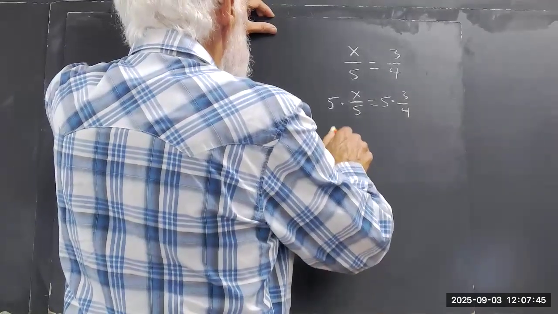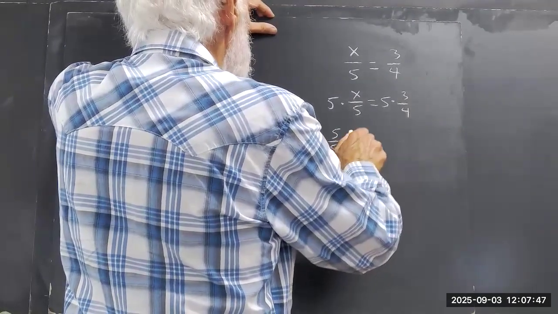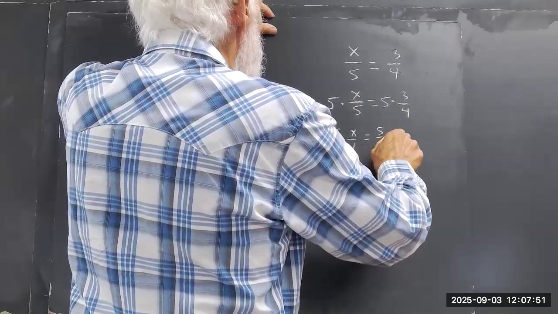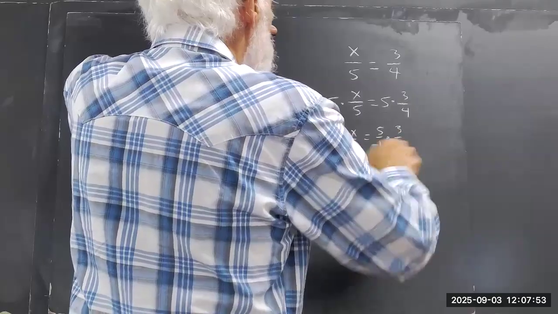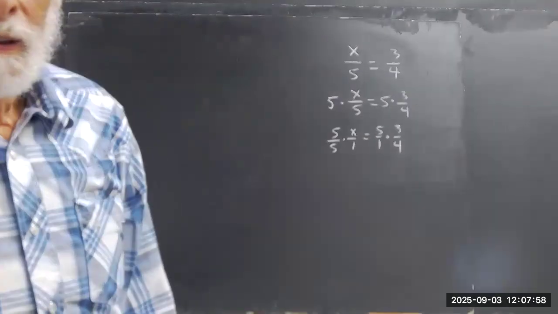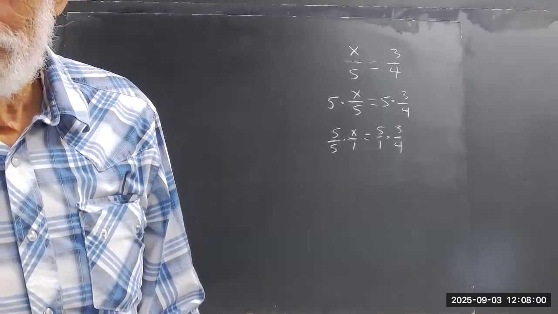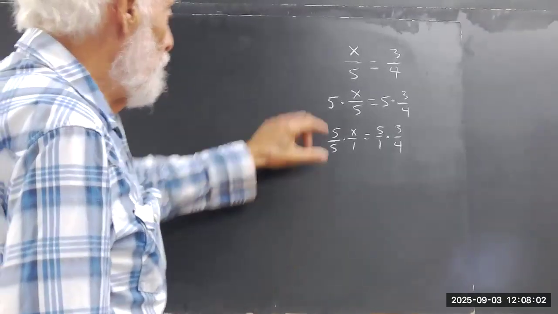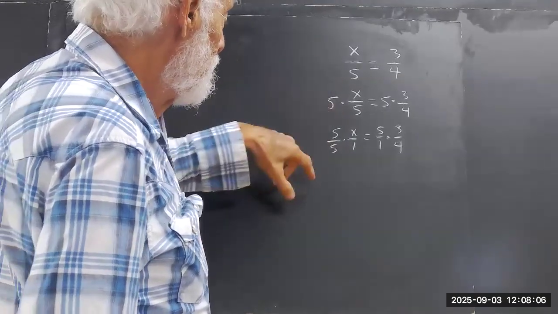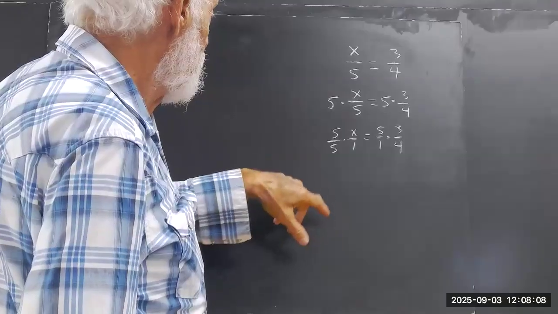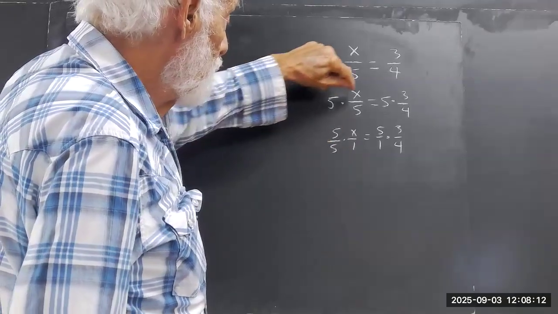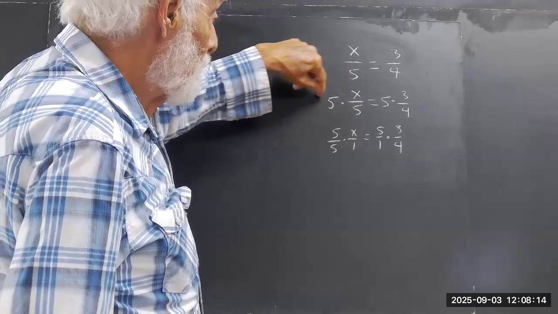Again, I recommend you write this out. This takes a second, just to emphasize that we're multiplying fractions and so forth. Make everything a fraction. Now, this is equal to this, because if I multiply denominators, I get 5, and the 5 is a numerator.